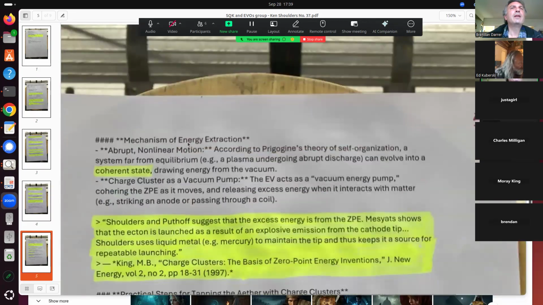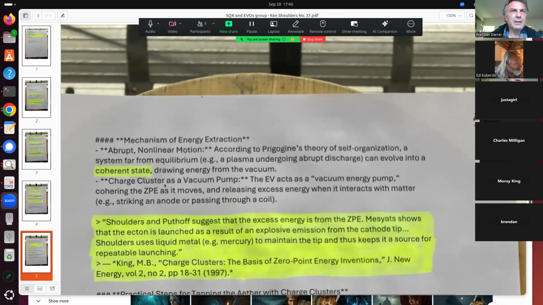Mechanism of energy extraction: abrupt non-linear motion. According to Prigogine's theory of self-organization, a system far from equilibrium, e.g., a plasma undergoing abrupt discharge, can evolve into a coherent state, drawing energy from the vacuum.